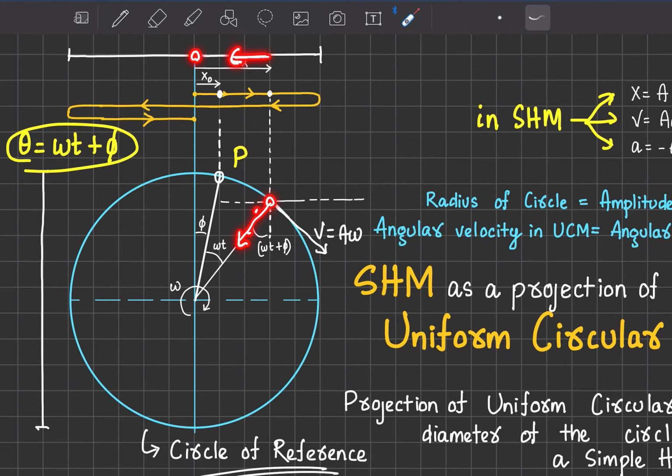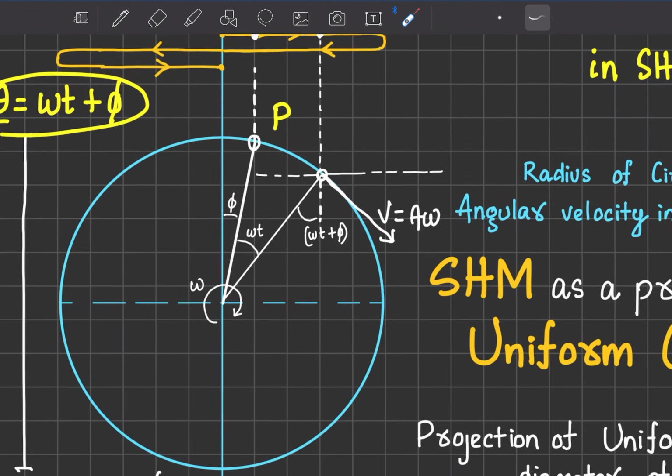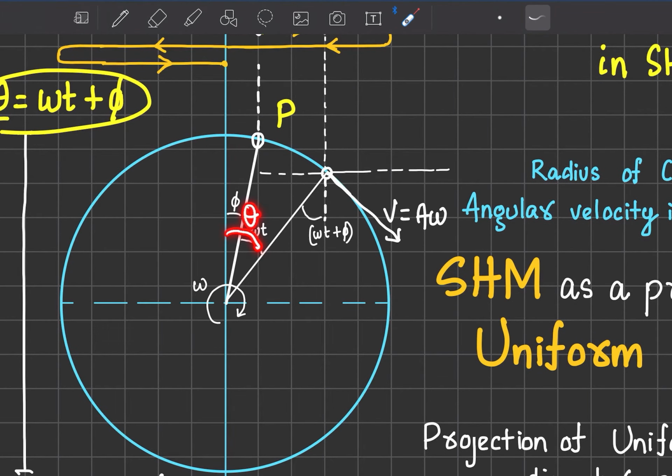So let's again zoom in. We know this angle is theta, hence if this is a omega square, the horizontal component here will be a omega square sine theta, and again our value is theta equals omega t plus phi. So again in this triangle this is a omega square and this is a omega square sine theta, this is our horizontal component and it is directed towards the mean.